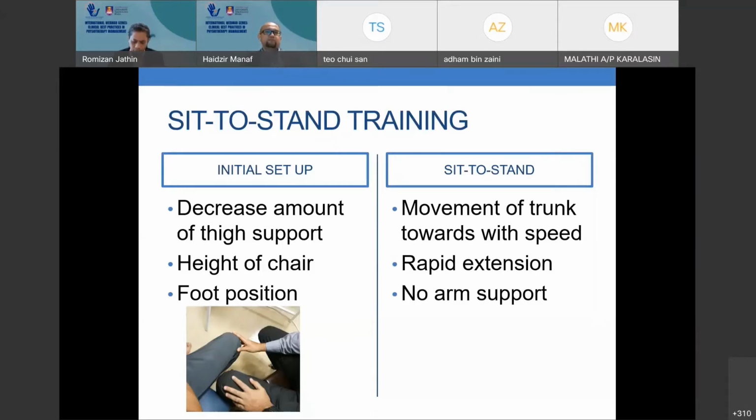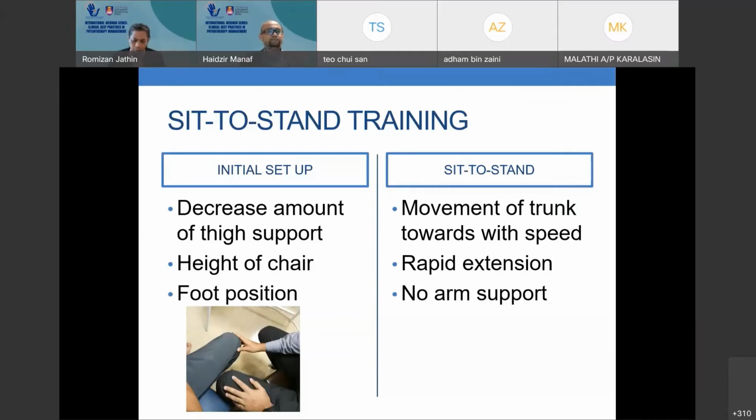Later on, not too long after, we can start sit to stand training with the affected leg behind the good leg in order to put the loading on the affected leg.